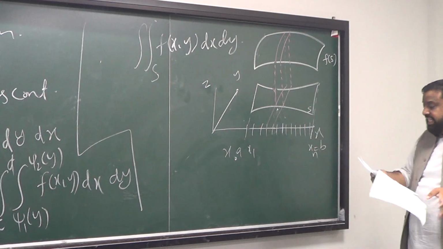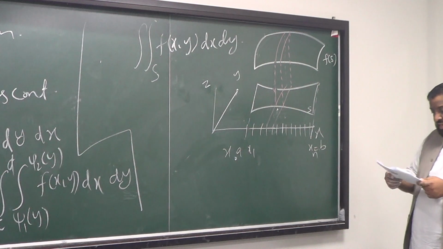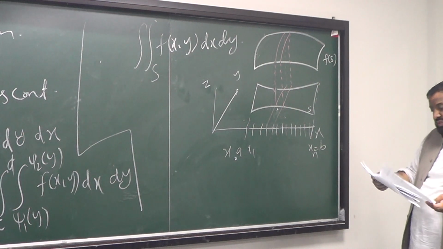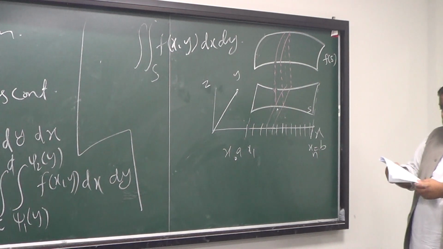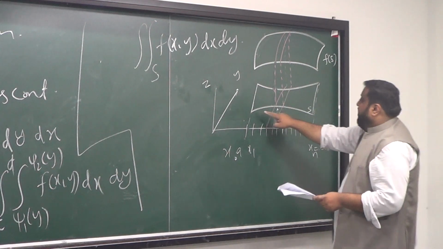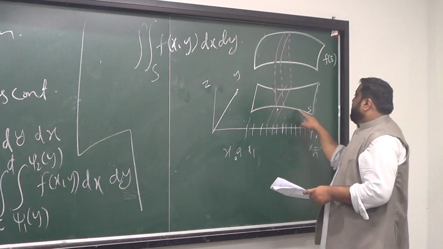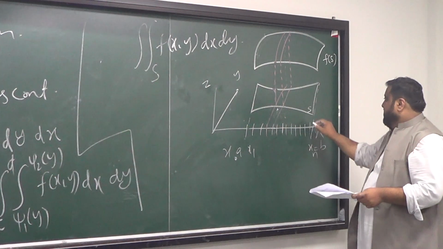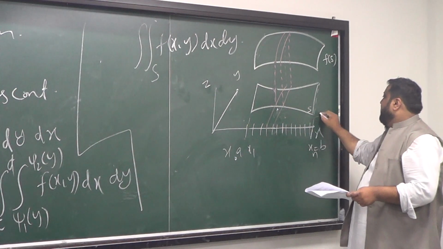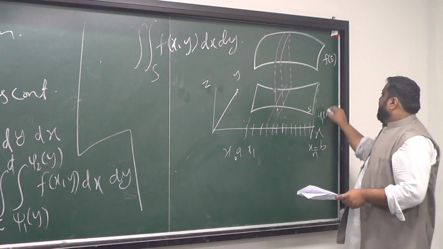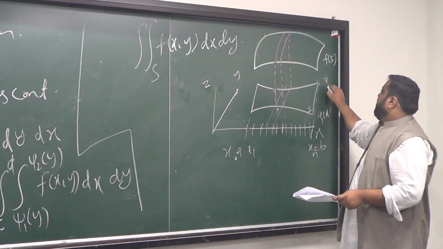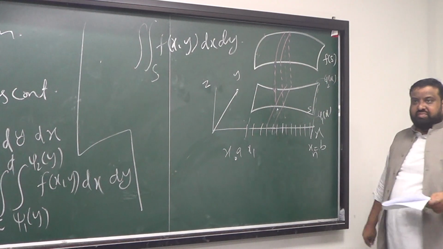So if it is a Fubini type region, then we should have... What name should I give to this curve? This is your phi 1 of x, and this is your phi 2 of x.